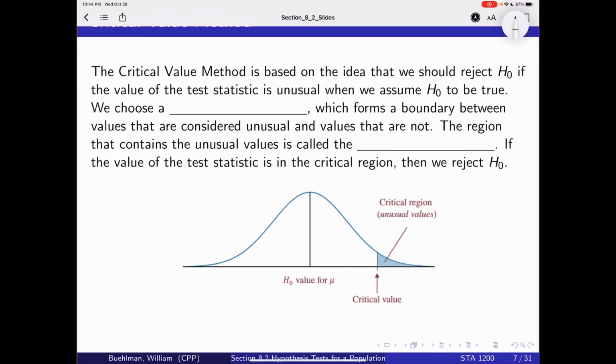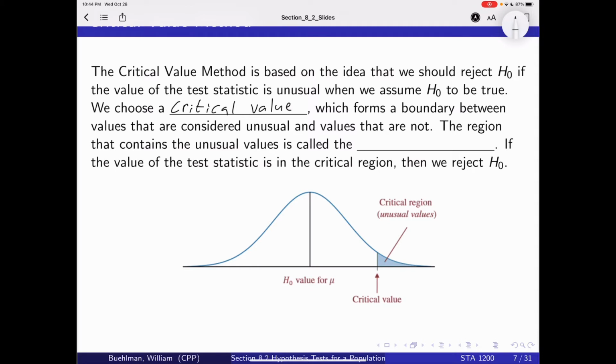Intuitively, it appears that the evidence against the null hypothesis is very strong since we're so far away from the mean. The critical value method is based on the idea that we should reject the null hypothesis if the value of the test statistic is unusual when we assume the null hypothesis to be true. We choose a critical value, which forms a boundary between values that are considered unusual and values that are not.